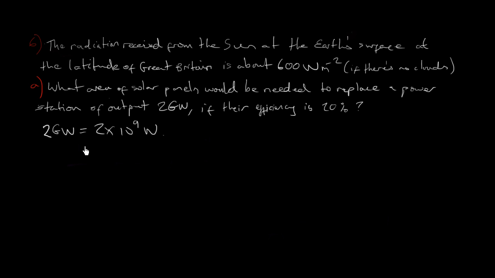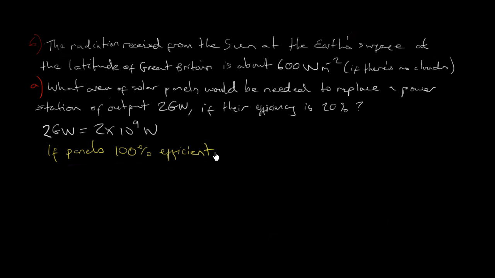So having written this down, let's think about the area that it would take up. My reasoning would probably go like this. If the panels were 100% efficient, let's calculate the area, and then we can say, well, it's only 20% efficient, so then we can do the proportion later.